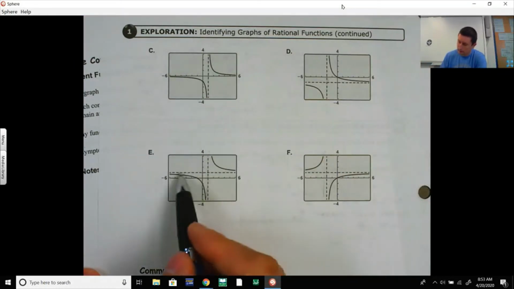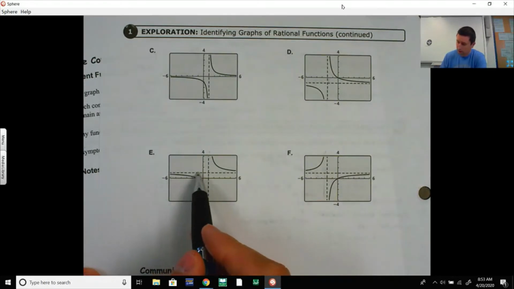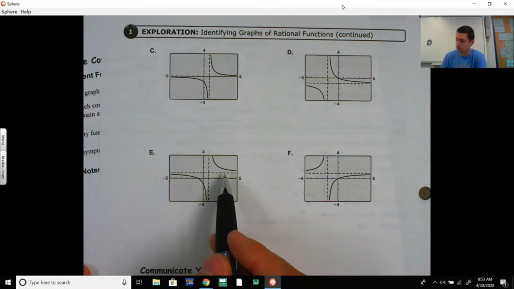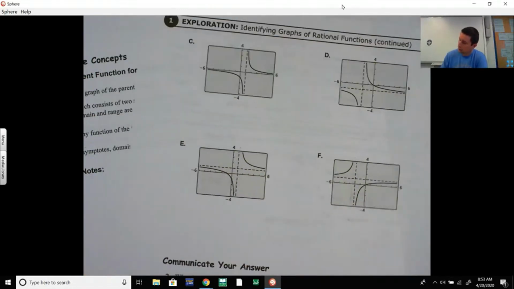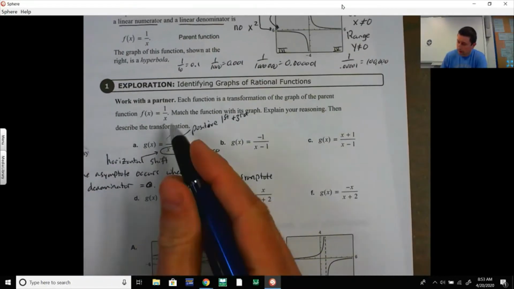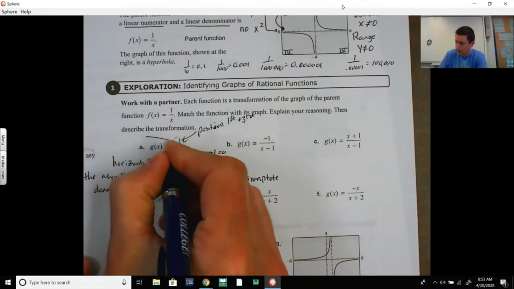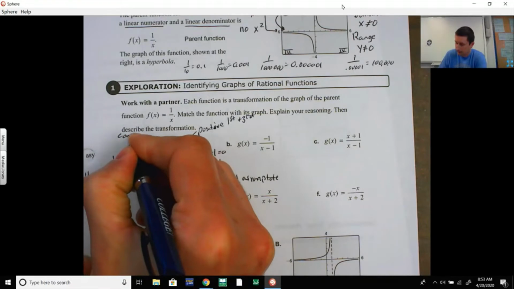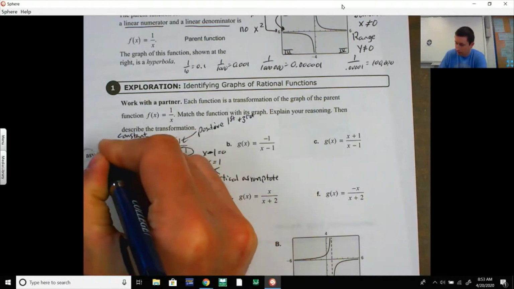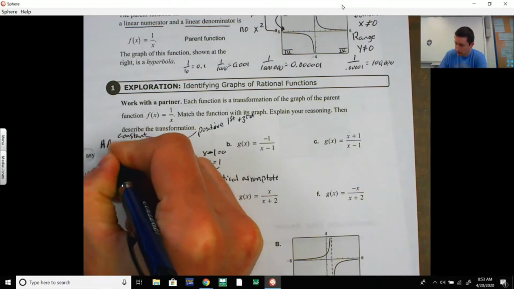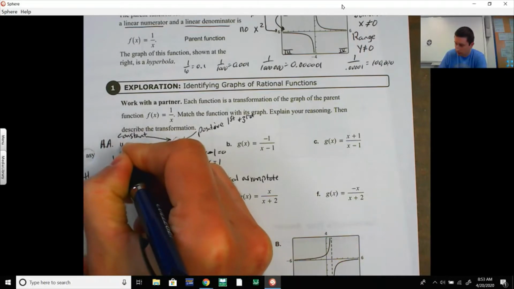Now notice with E, this line here is a new line, and it's up here at 1. This is a horizontal asymptote. The horizontal asymptote comes from the top, and we get our vertical asymptote from the bottom. If the top is a constant, the horizontal asymptote would be y equals 0.